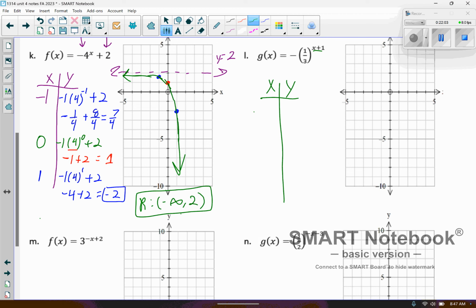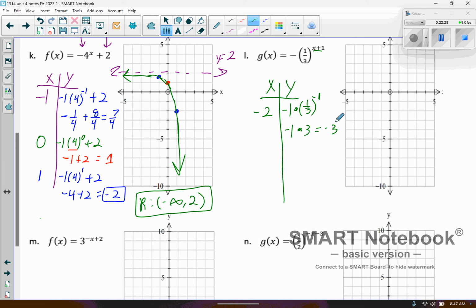So I need to plug in negative 2 to get started. And so let's see, remember that negative in front is kind of like an understood negative 1 that we'll apply in just a moment. So I'm going to get 1/3 raised to negative 2 plus 1 would become a negative 1 power. And that makes me take the reciprocal of that. So I end up with negative 1 times 3, which is negative 3.